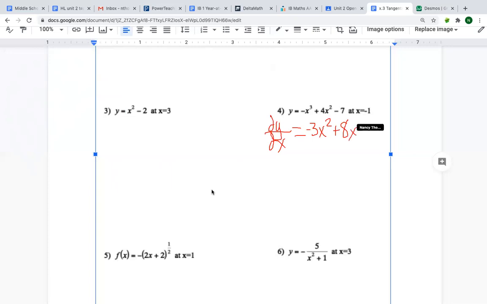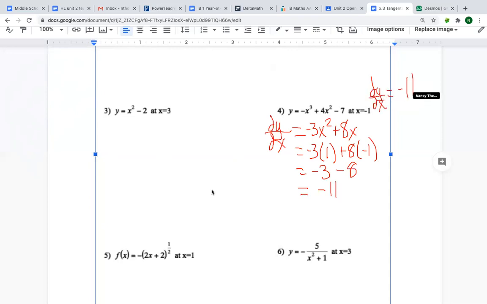When I plug in negative 1, I get negative 3 times positive 1 plus 8 times negative 1. So that's negative 3 minus 8, which is negative 11. So I know that my slope equals negative 11.